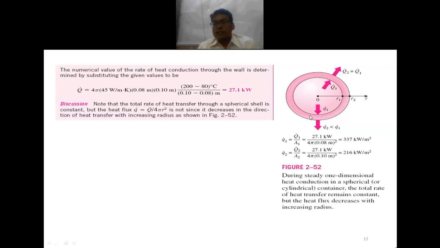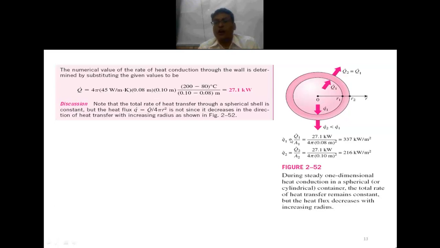This small q dot 1 is equal to Q1 upon A1. Q1 we have already calculated as 27.1. However, A1 is the area, that is 4 pi into R1 square. Here it comes as 337 kilowatt.